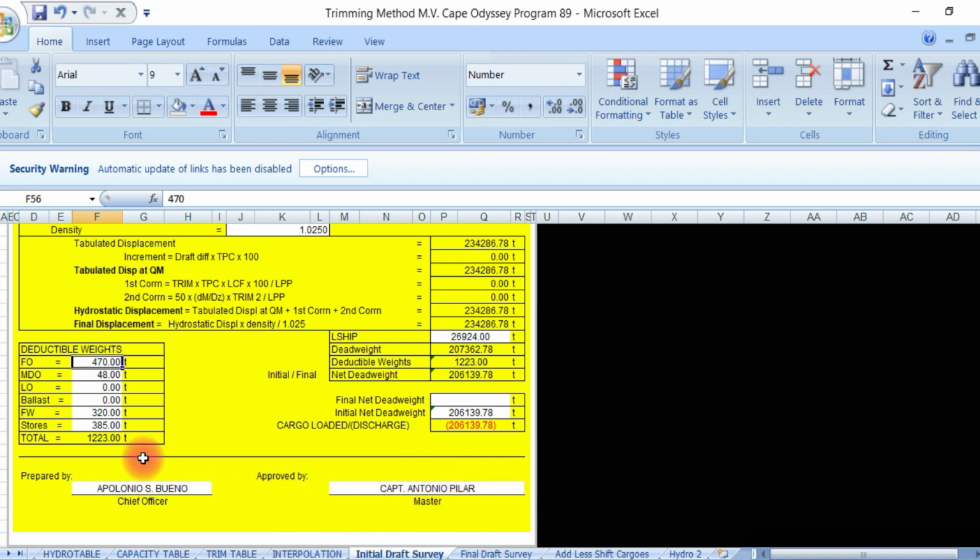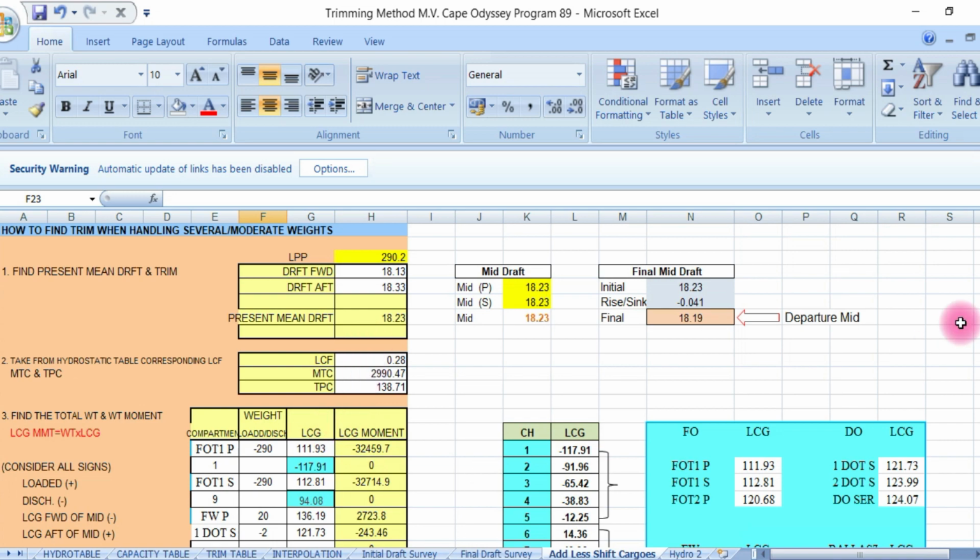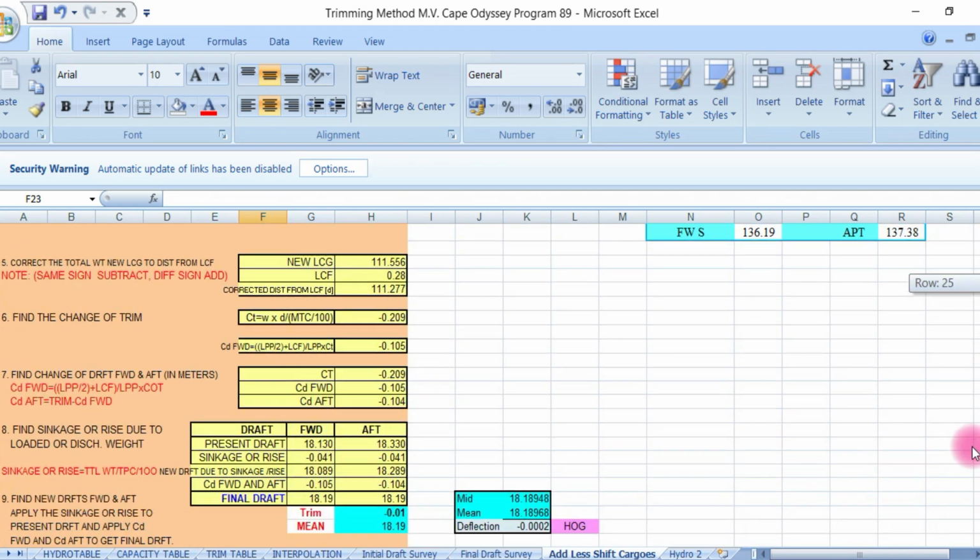But how did I get this figure of 18.19? Okay, let's do the arithmetic.